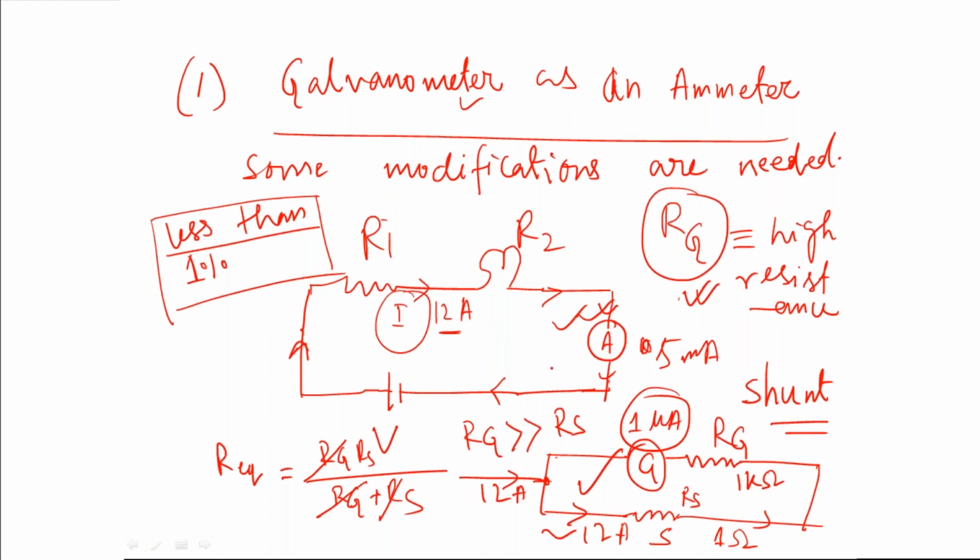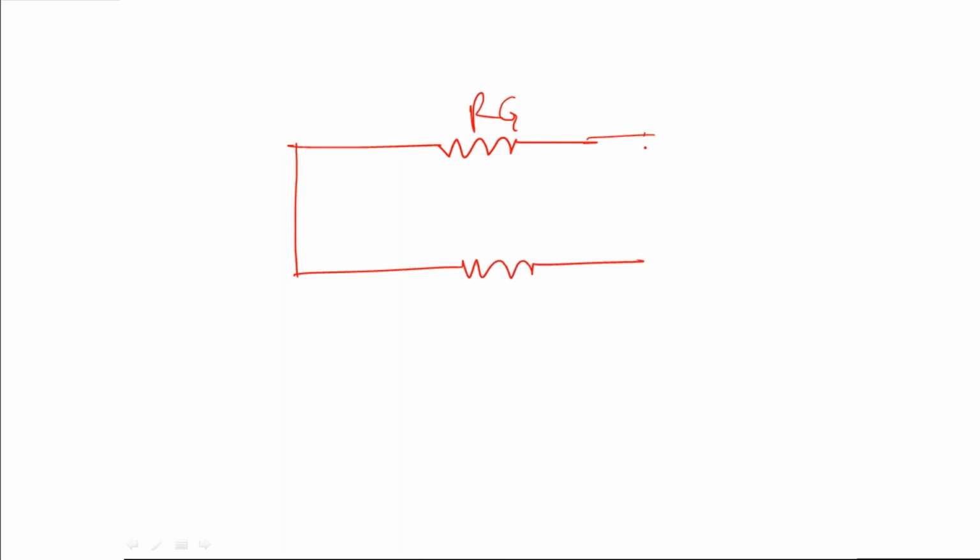So let me quickly tell you what we have done. If I have a galvanometer with resistance Rg, and you want to use it as an ammeter, you have to use a very small resistance as a shunt with this galvanometer. Then what will happen?